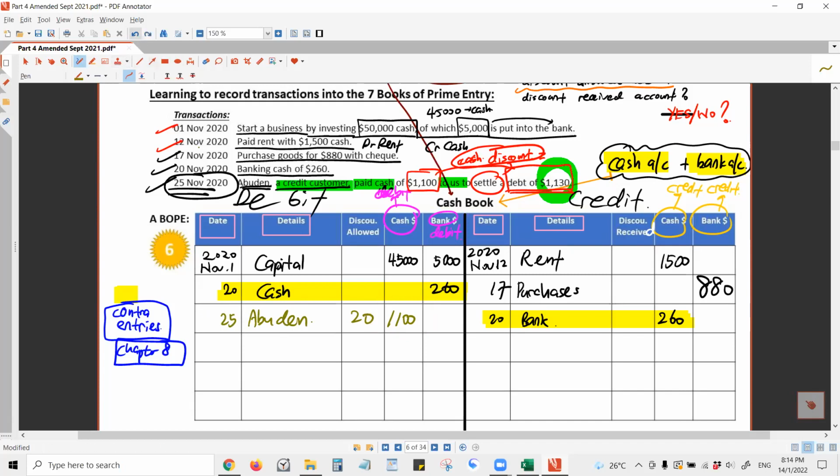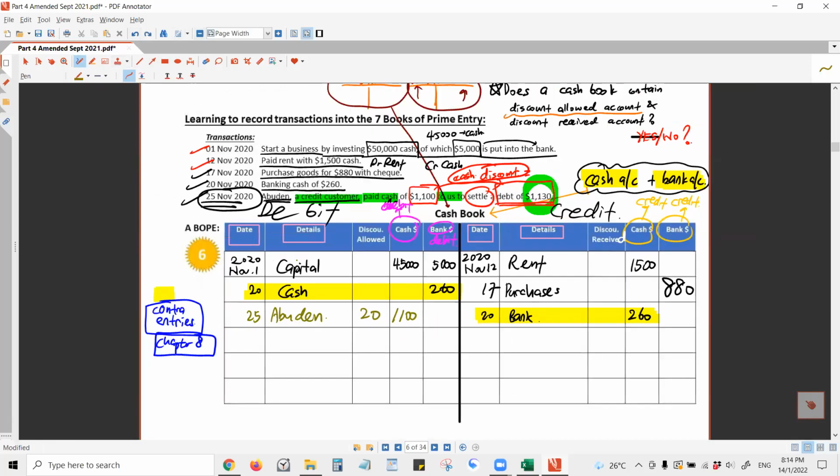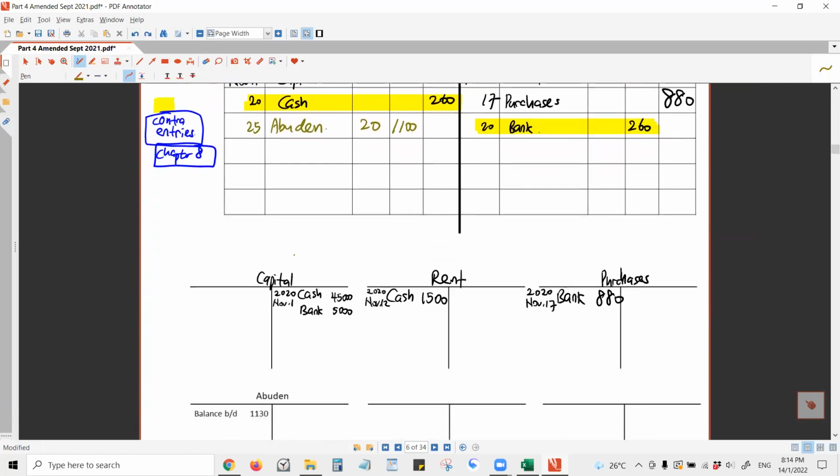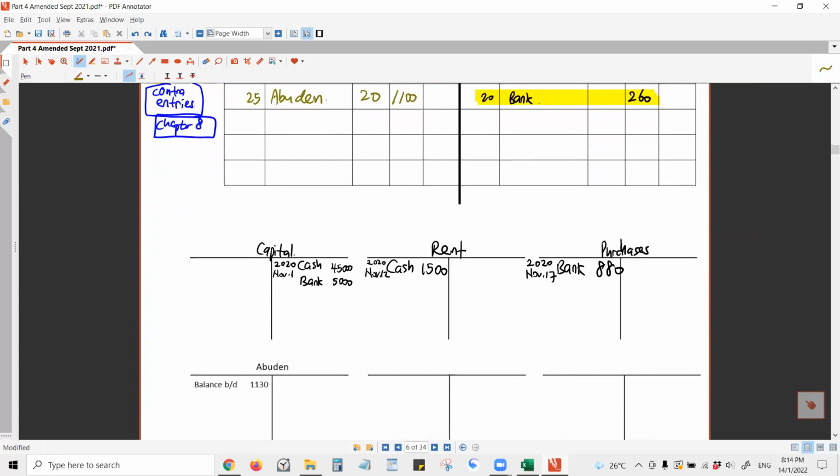So where to show the credit entry? Look at the bottom of the page. You have an Abu Dan account here. Before that, Abu Dan owes us 1130. And on 25th, we received the payment, right? Just now we debited cash, then we credit Abu Dan 1100.